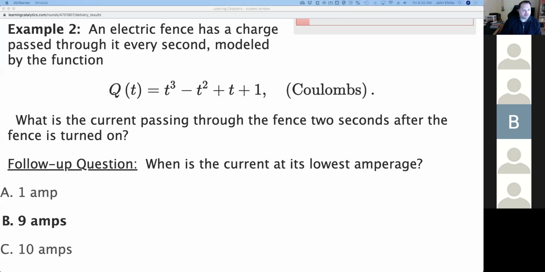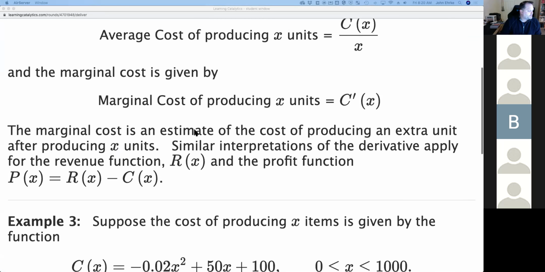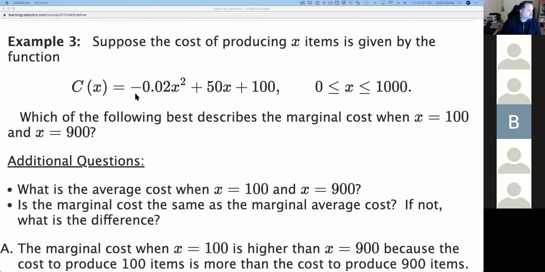All right, so let's take a look at one. I'll give you one to consider, and then we'll talk about it together. So here's the example. Suppose that this is our cost function for producing X items, and our production range is we can only produce 0 to 1,000 items, so we can't produce any more.